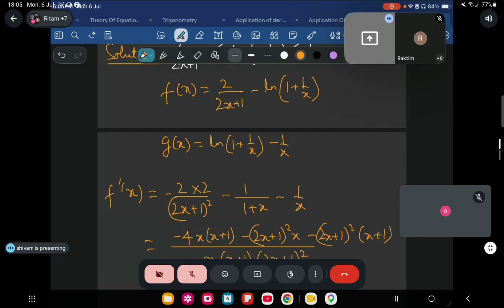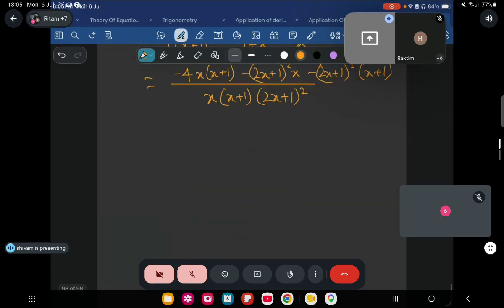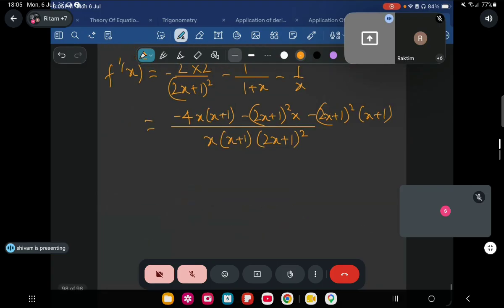Over here, how will I simplify such a huge expression? Anyways, let us simplify. We have to do it. There's no other choice left for us. Minus 4x square minus 4x minus 4x square minus 4x.